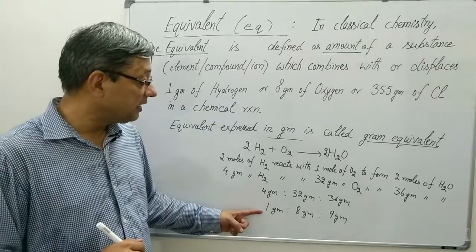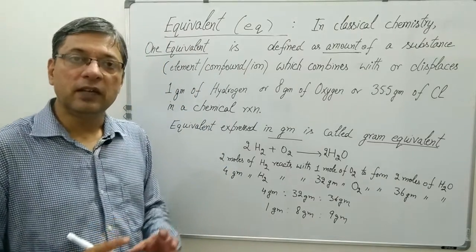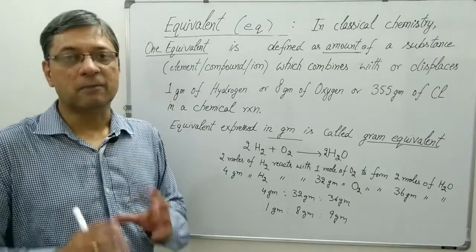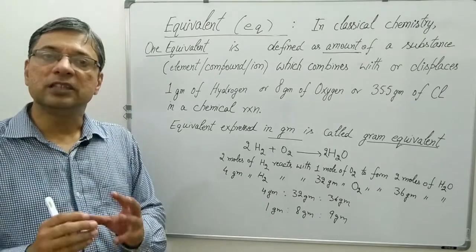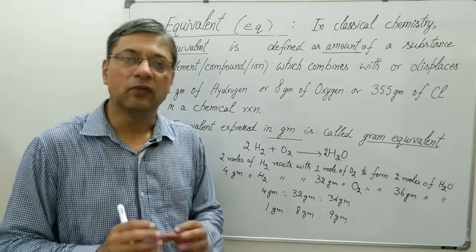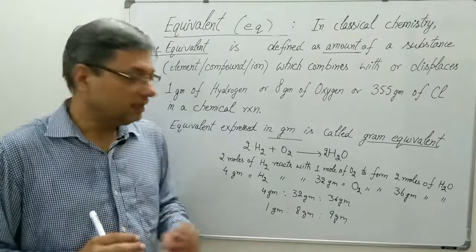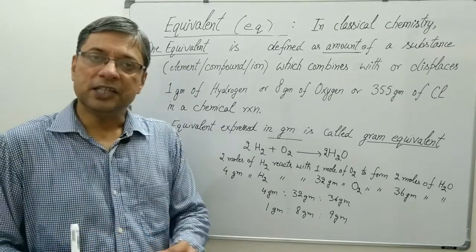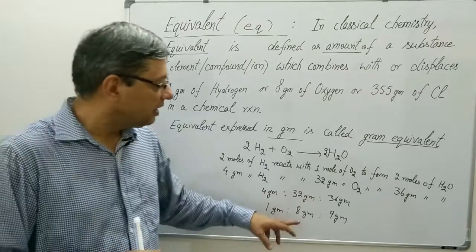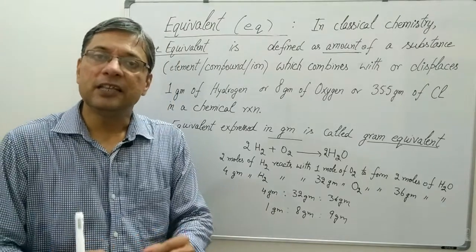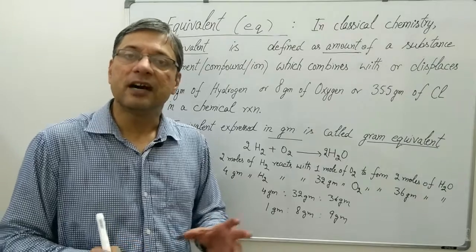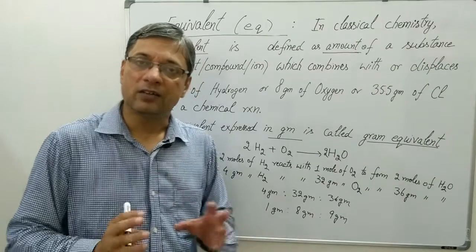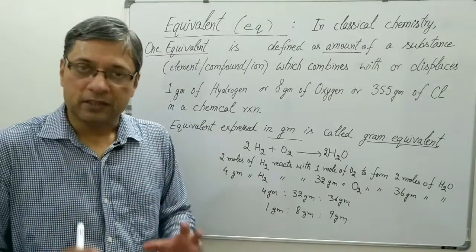That means 1 gram of hydrogen will react with or combine with 8 grams of oxygen to produce 9 grams of water. I can say 1 gram is the equivalent mass of hydrogen, 8 grams is the equivalent mass of oxygen, and 9 grams is the equivalent mass of water.